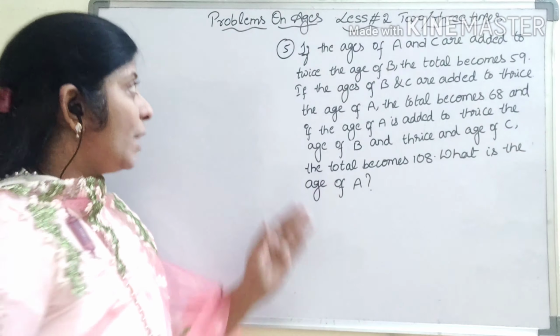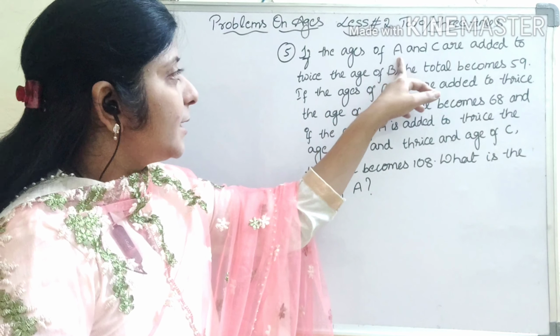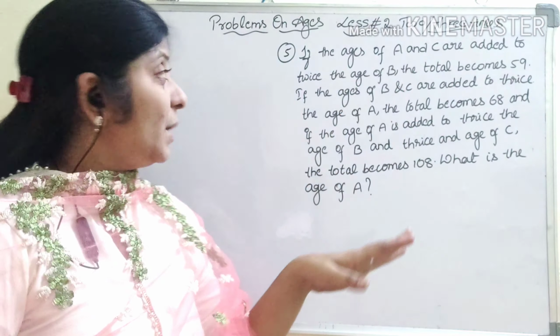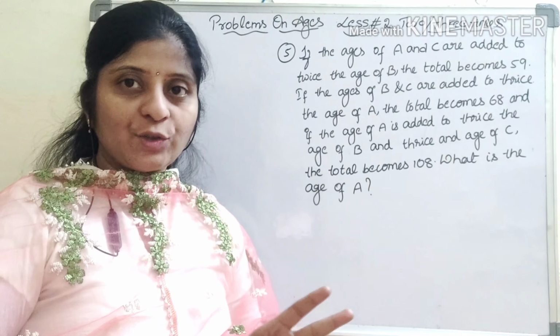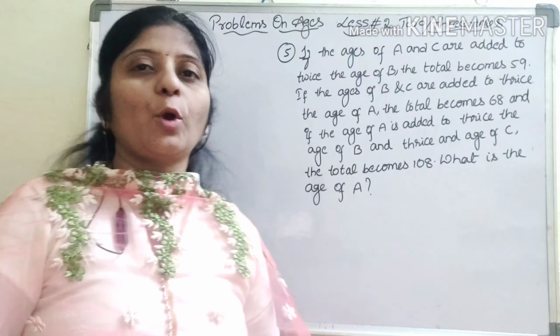So now we have another problem. Here we see A, C, B, that means 3 persons' ages, so we have to be careful in these types of problems.